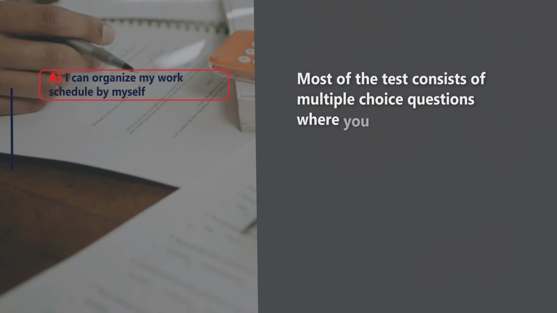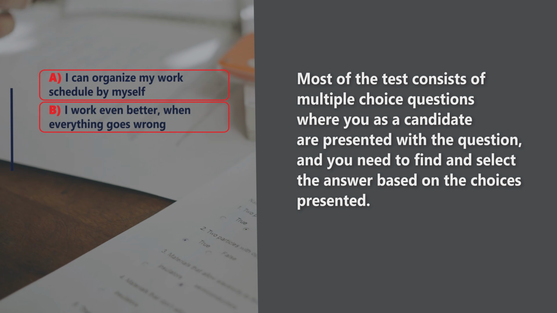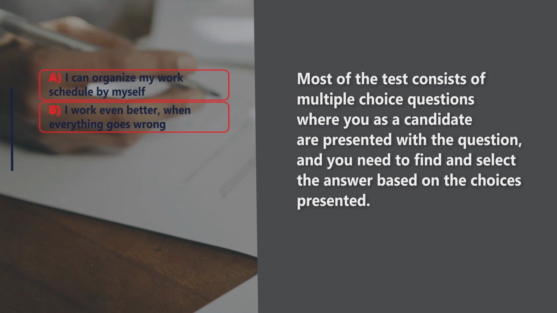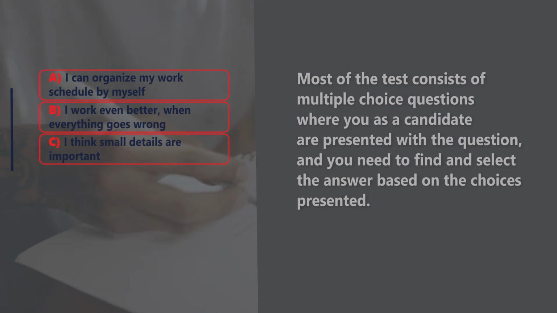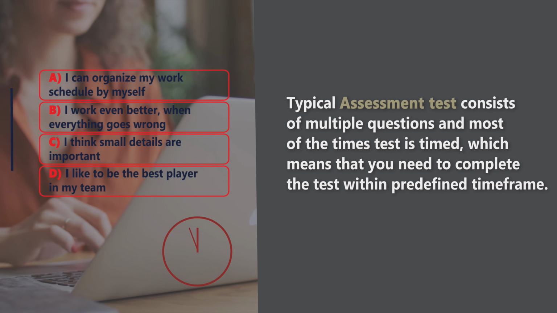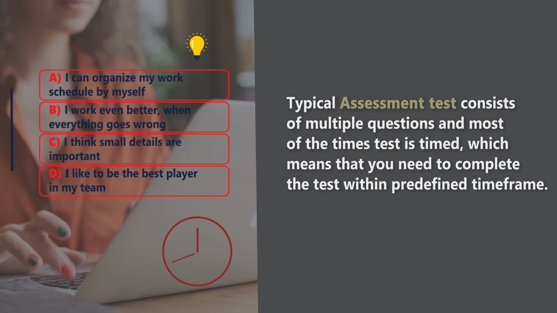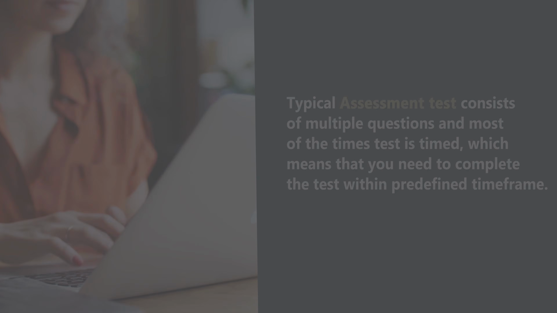Most of the tests consist of multiple choice questions, where you as a candidate are presented with the question and you need to find and select the answer based on the choices presented. A typical assessment test consists of multiple questions, and most of the time the test is timed, which means that you need to complete the test within a predefined time frame.